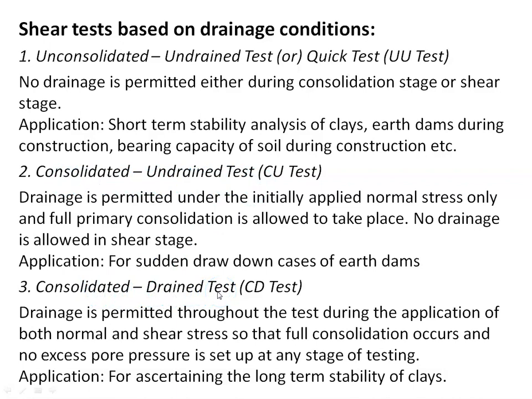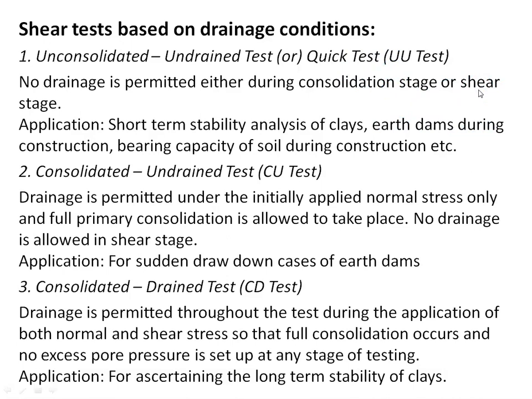In the shear test, there will be two stages, the consolidation stage and the shear stage. In the consolidation stage, settlement happens. When the load is applied, initially settlement takes place. After a certain time, when the settlement has stopped, the shear stage will start.